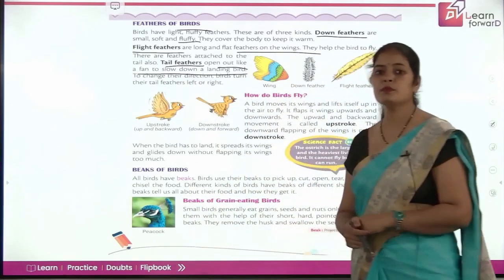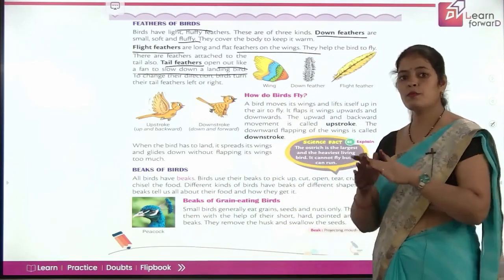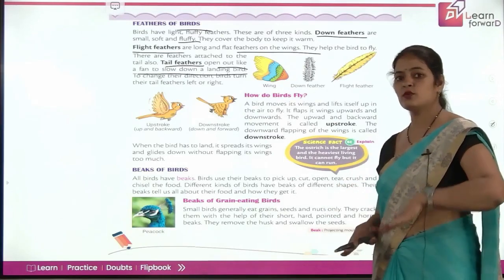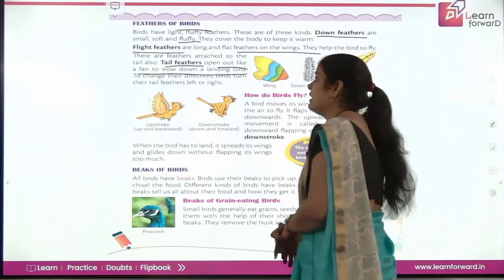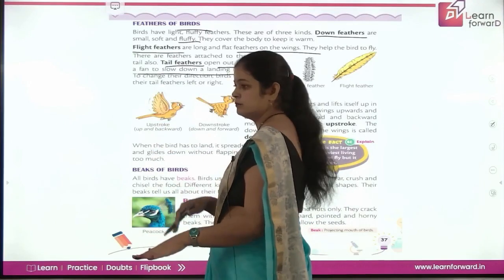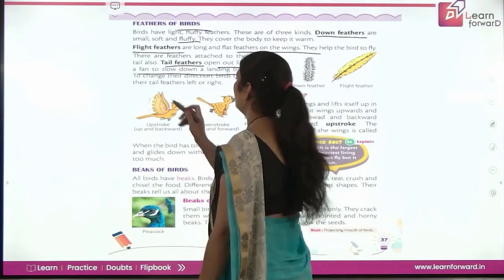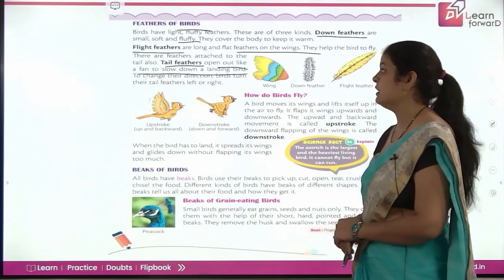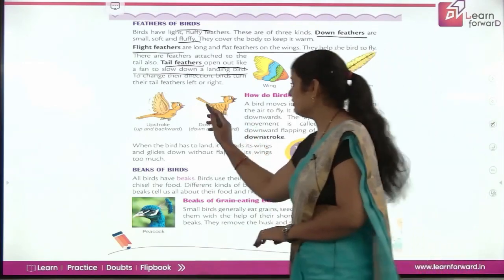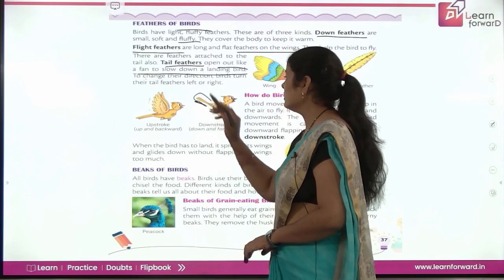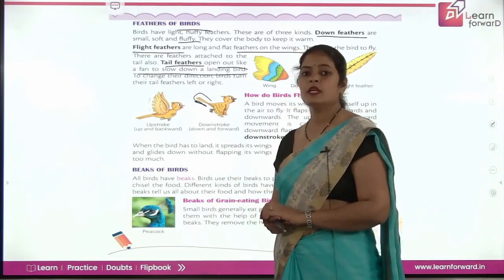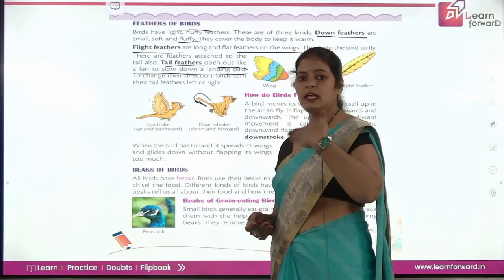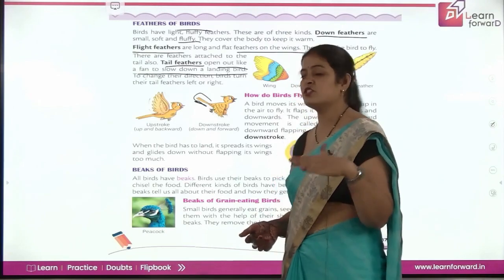So whenever the bird wants to land, it opens the tail feathers like a fan so that it can slow down and slowly land on the earth's surface, or on the land. To change direction, birds turn their tail feathers left or right. So this is the tail feather. Whenever the bird is flying up in the sky, it turns its tail feathers left and right so that it can change direction.